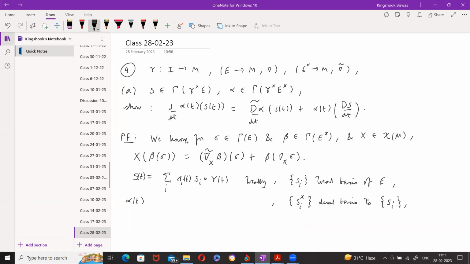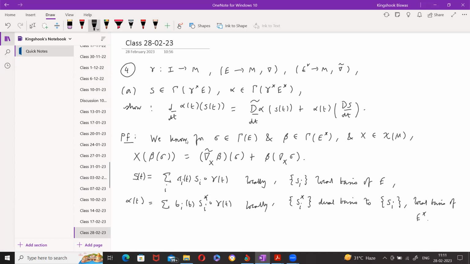So this is a local basis of E star. So alpha I can also write as some summation b_i of t, S_i star composed with gamma of t, locally.